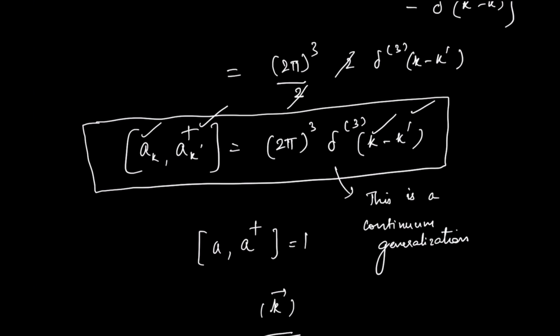Okay, so these are still commutation relations and they don't tell anything about the harmonic oscillator. So let's calculate the Hamiltonian, the total Hamiltonian, which is the integral of the Hamiltonian density, right?